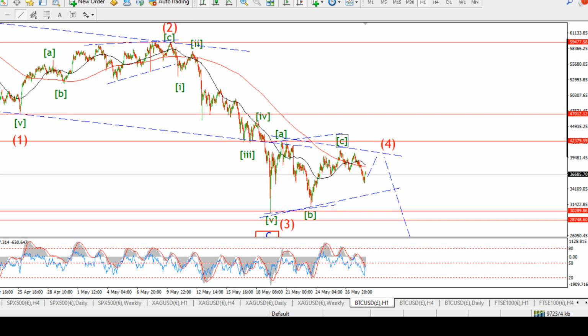So I did receive a lot of emails about Bitcoin a couple of months ago, and I'm not receiving them anymore. So could that long-term top be in?